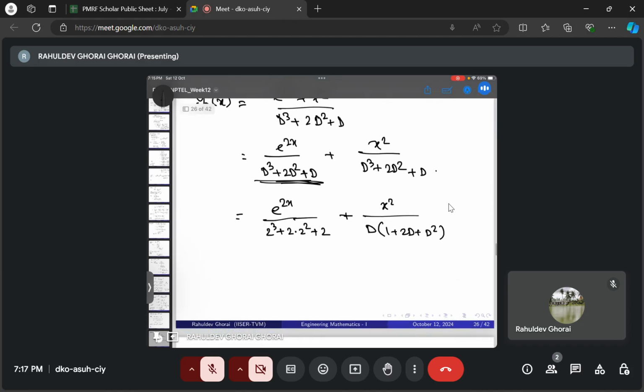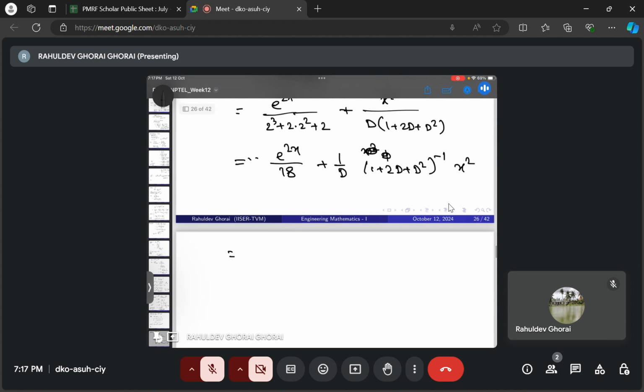So that gives you 2x over 16 plus 2, 18, right, plus x square over 1 over D, as it is, 1 over, let's say, 1 plus 2D plus D square, and then negative inverse times x square.